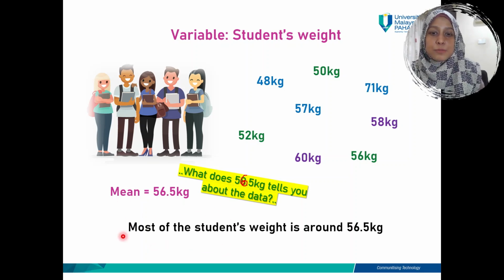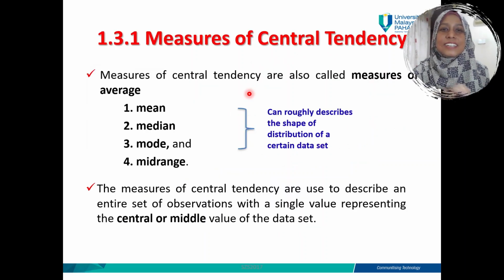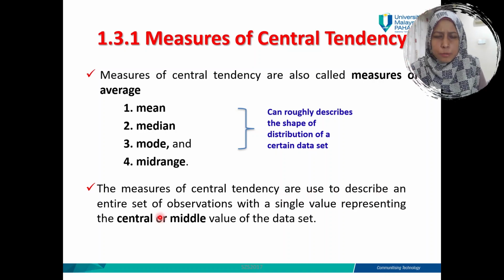This is what average is. It tells you a single value that represents the whole data set. So, the measures of central tendency are used to describe an entire set of observations with a single value, to represent the central value of the data set.